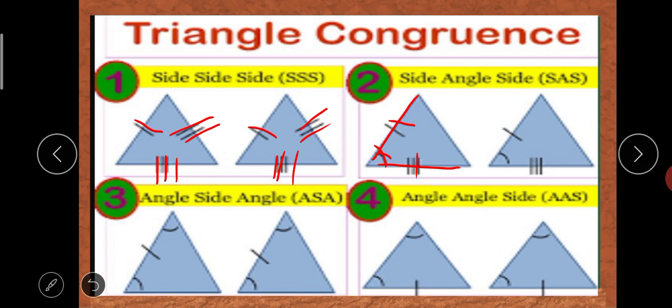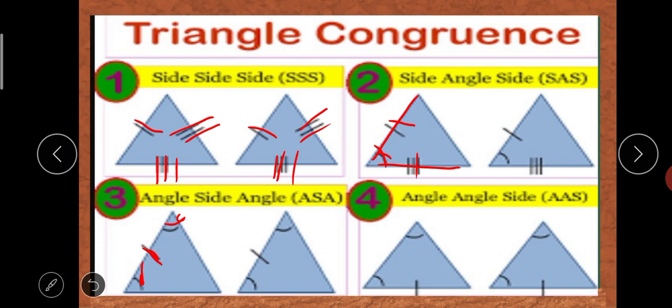In the second one, we saw two sides and one angle. Here two angles are given, and in between them the side is given, which is equal. Then we say it is angle, side, angle, where two angles and one side are congruent to those of the other triangle.